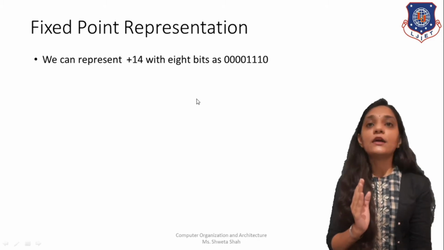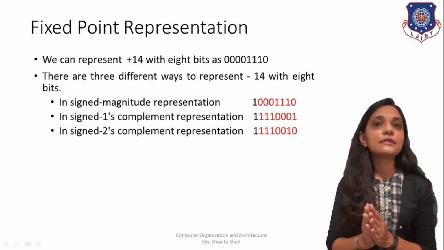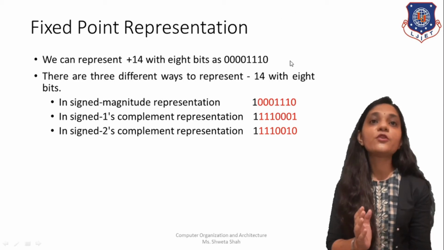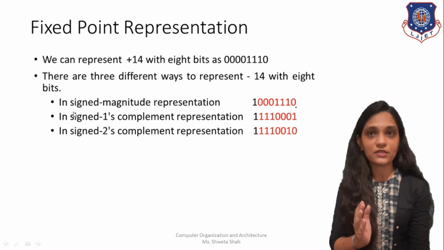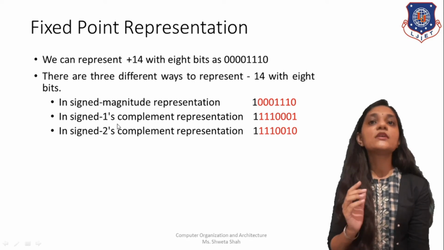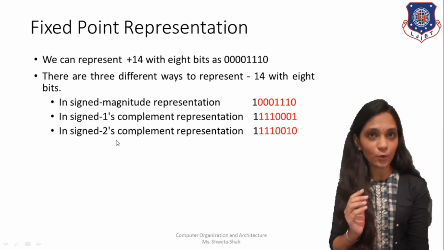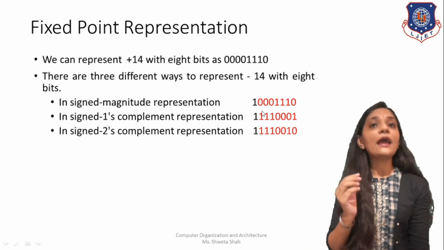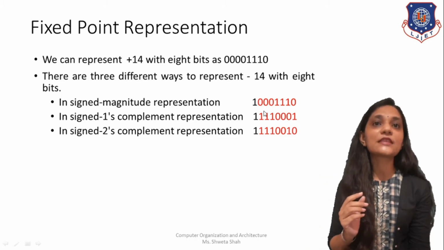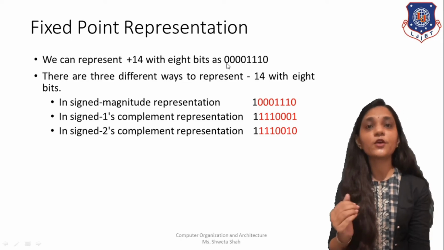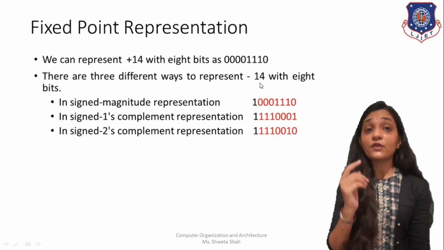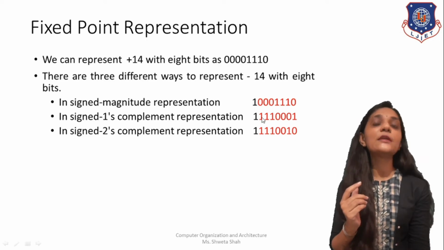But what if your number is minus 14? Then you have three representations for this: sign magnitude, sign 1's complement and sign 2's complement representation. For any of these representations, your sign bit will be 1. As plus 14 has sign bit 0, for minus 14 your sign bit will be 1.